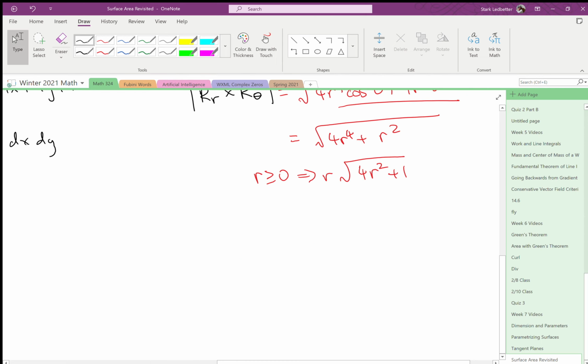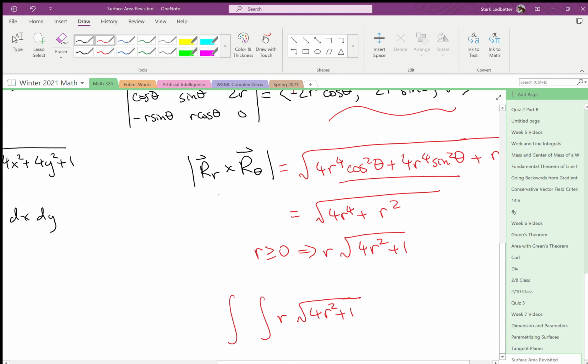And now we can actually integrate this, because this is set up for a u substitution. So we have the absolute value of that, we have dr d theta, and then r goes from 0 to 1, since it's the unit circle, and theta goes from 0 to 2 pi.